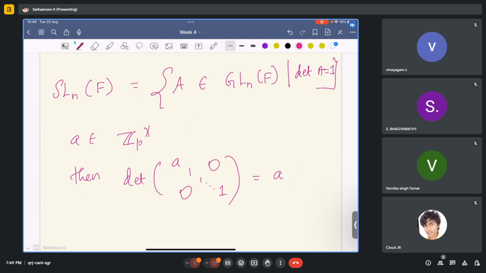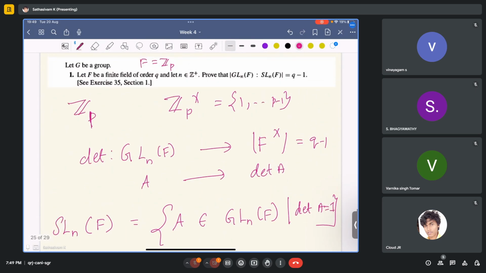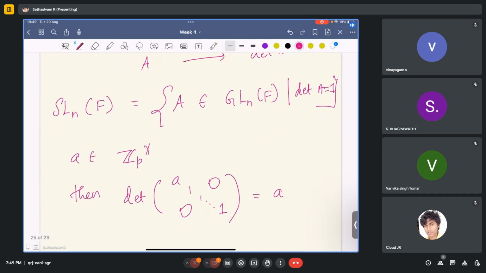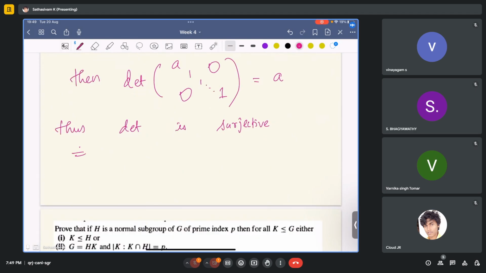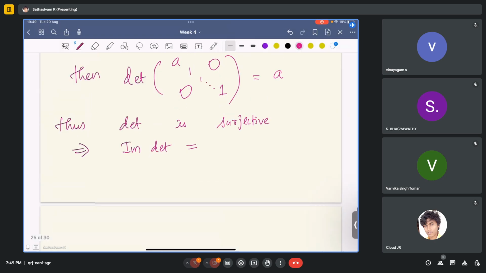So what it tells you is that the determinant is a surjective map, which tells you the image of the determinant is the entire Z_p star.